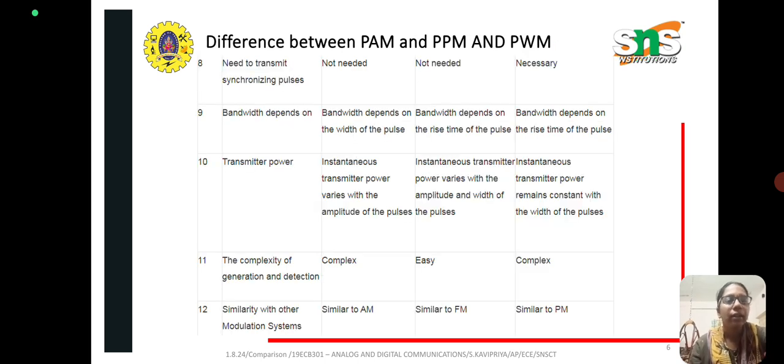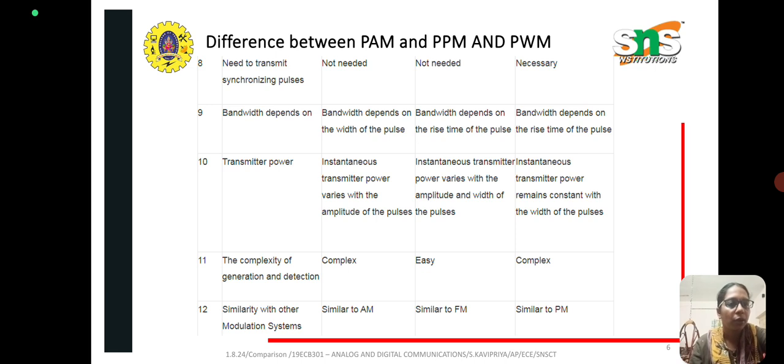And next, the need to transmit synchronizing pulses is not required in case of PAM, and also not required in PPM, whereas in case of PWM it is necessary. The bandwidth requirement depends on the rise time of pulses, and for PWM also the bandwidth depends upon the rise time of pulses.